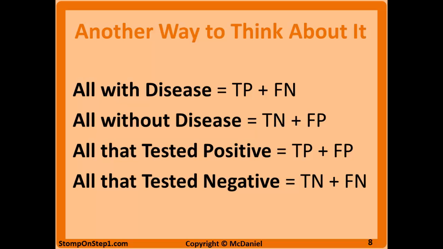You can use some of these relationships here to calculate some things, even if they don't give it to you in the question stem. Say they told you how many total people had the disease and they give you the true positives, but they don't give you false negatives. You could just calculate false negatives on your own. You don't necessarily have to memorize this slide. If you understand what's going on, you should be able to figure this out in your head on the fly.